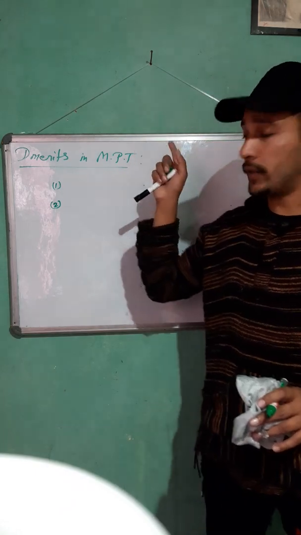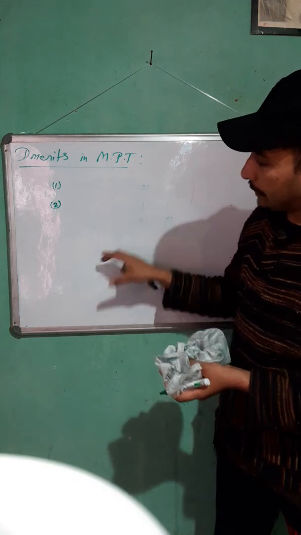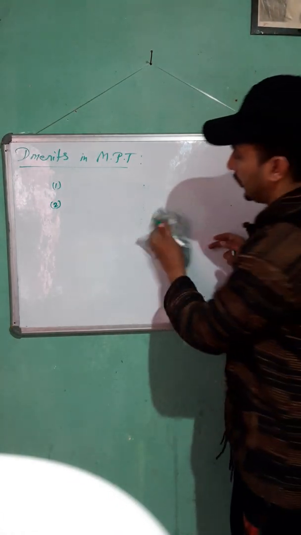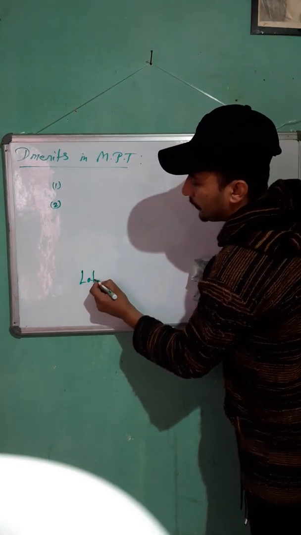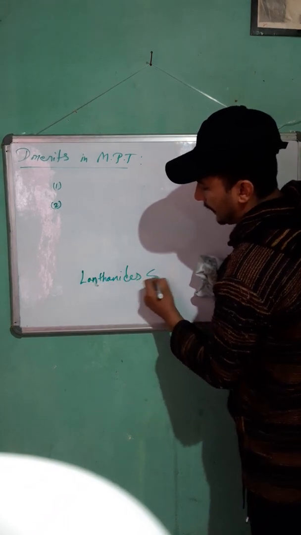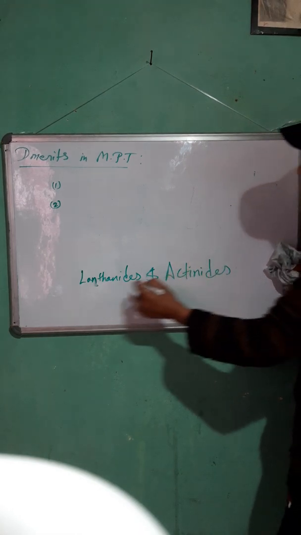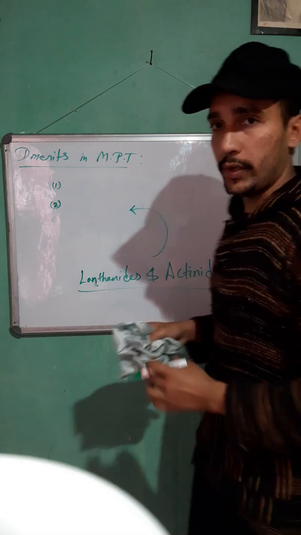In the last video I said that lanthanides and actinides are kept separately in the modern periodic table. So it fails to keep lanthanides and actinides in the main body of the modern periodic table.